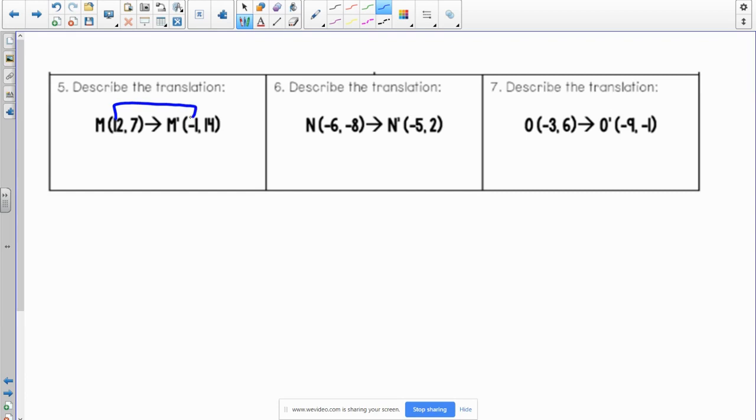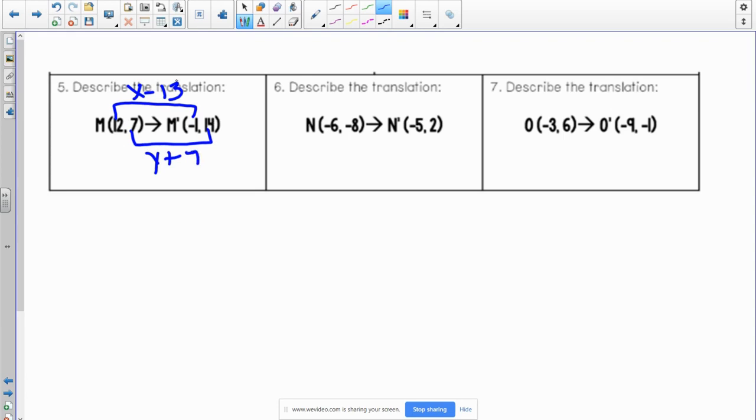So this is going to test your algebra skills and just describing what's happening. I'm going to use the idea of looking at my x to x. So if I'm at 12 and I go down to -1, that means my x values are going down, and 12 to -1 is 13. And then I'm going to look at my y's. It's at 7 and goes up, so I know I'm adding. 7 to 14 is 7.